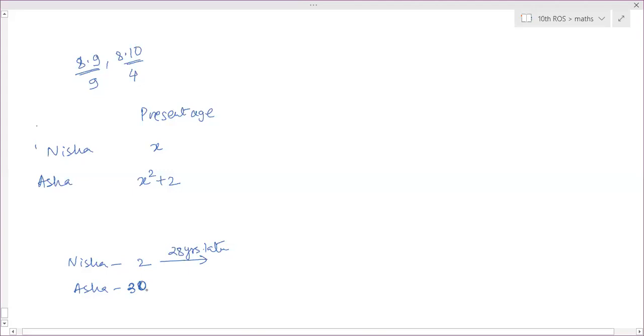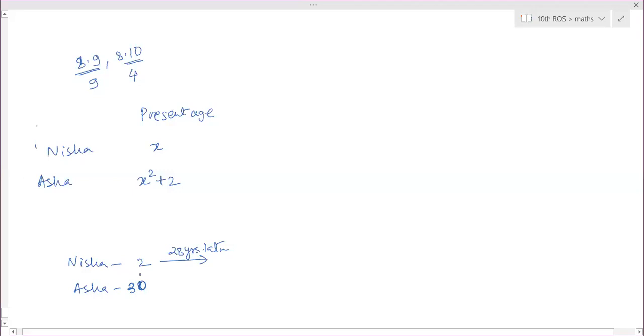Ma'am, Asha's age is, suppose, given as present age 30 and Nisha's age as 2. So you were asking us when Nisha will be Asha's age, after how many years.